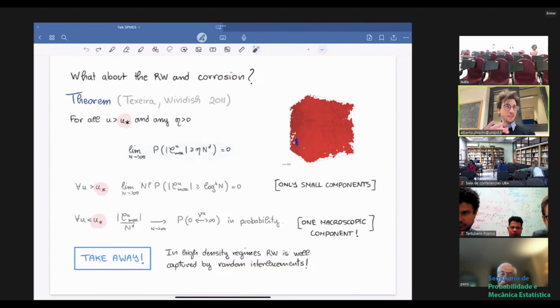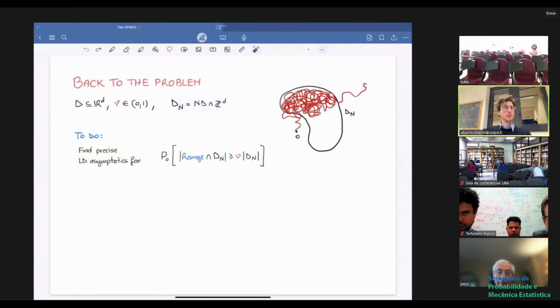Okay, after this brief excursus in the random interlacements business, let's come back to the problem I stated at the beginning of the talk. So we have some subset of R^d.